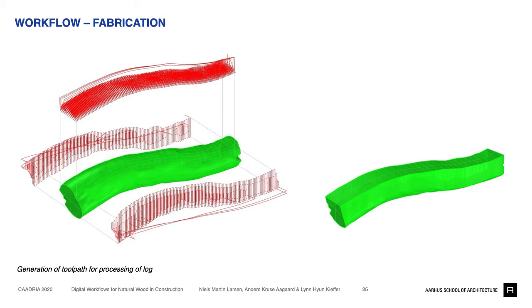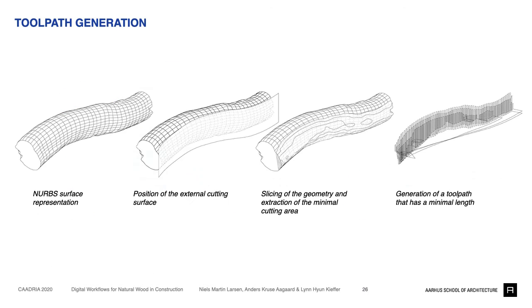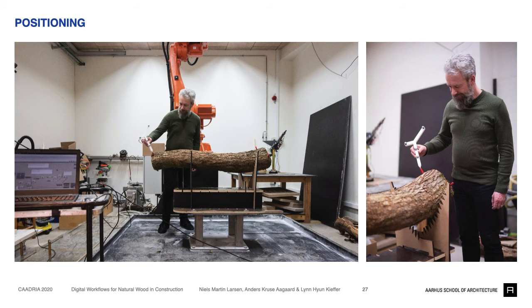The toolpaths for milling are generated just before each component is fabricated. By offsetting the initial cutting surface, the layering of toolpaths can be defined. The physical logs are positioned on a rotary table.